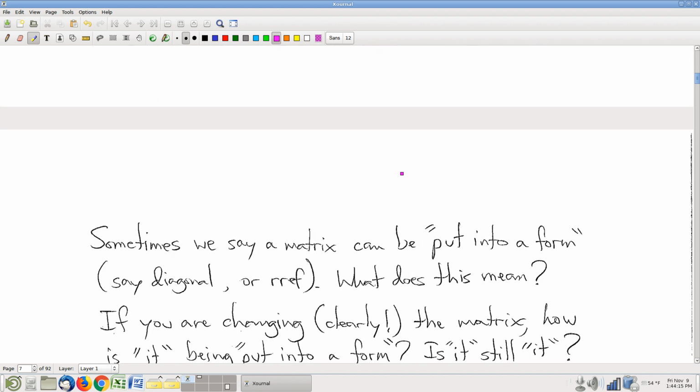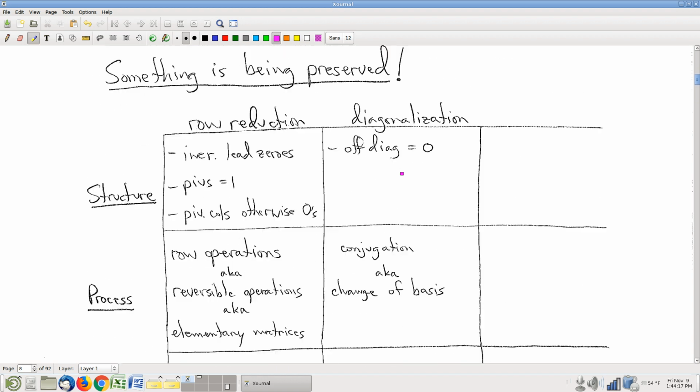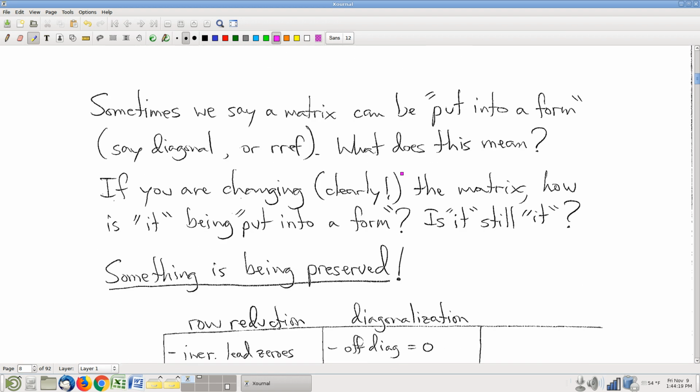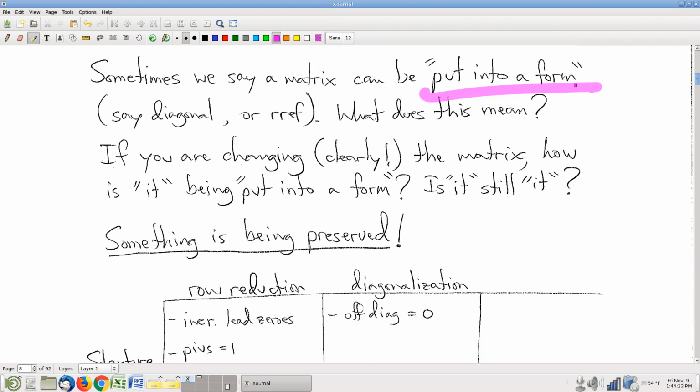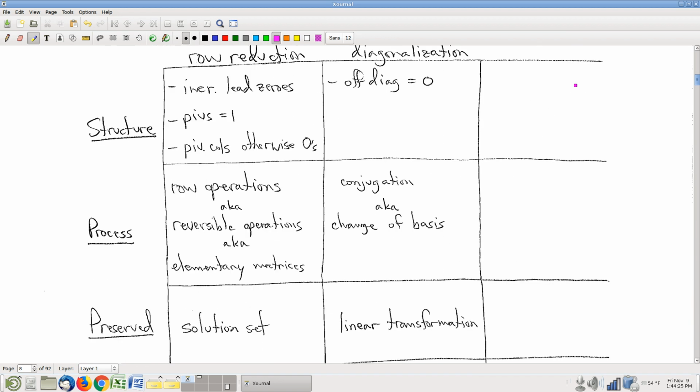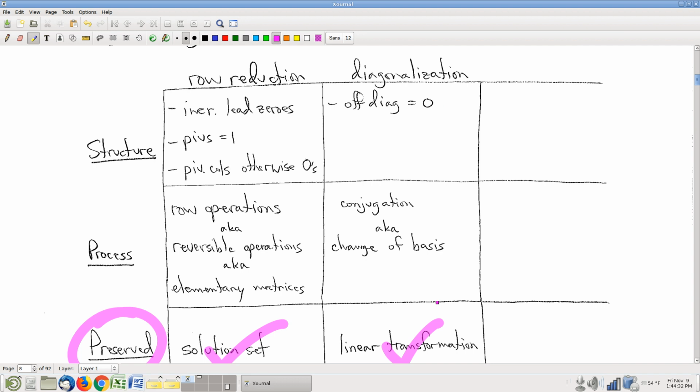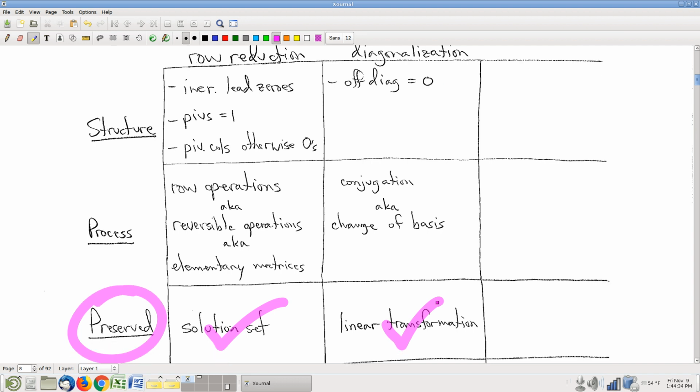Okay, so where we left off last time, some discussion about language. I won't repeat all of this, but remember, when we talk about putting a matrix into a form, we're talking about understanding something that's fundamentally preserved and interesting, and just changing the way in which we talk about it by a process that preserves what we're fundamentally interested in.